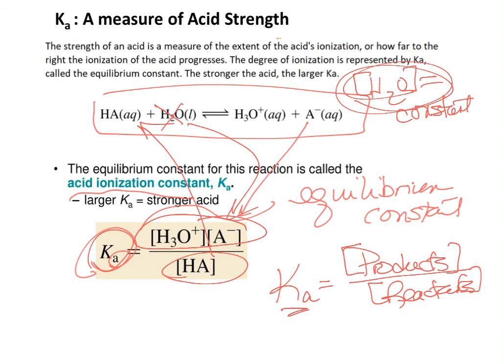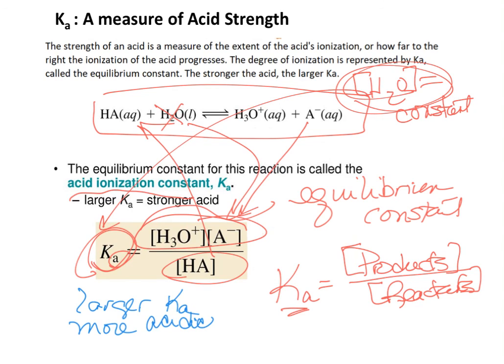So the concentration of water is lumped into this constant value, Ka. But the most important thing I want you to understand right now is that the larger the Ka, the more acidic the acid is, the more likely it will be to ionize. And we'll pick up calculating the pH for weak acids and weak bases in the next PowerPoint.